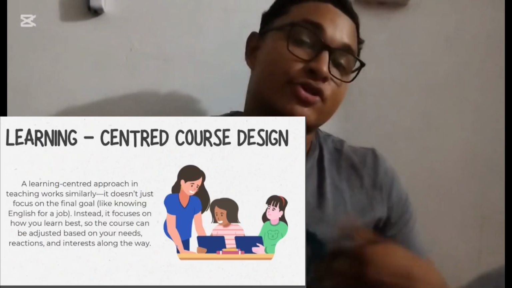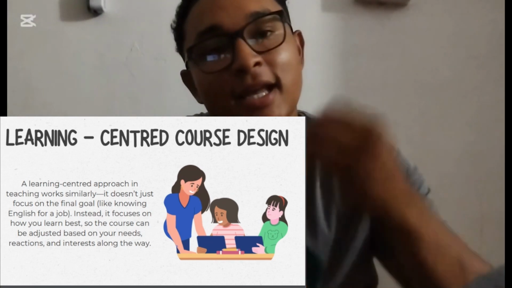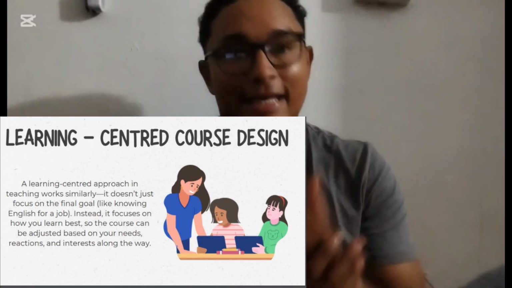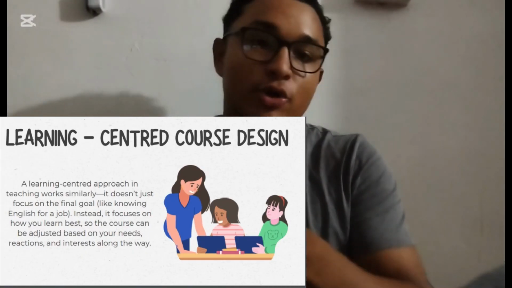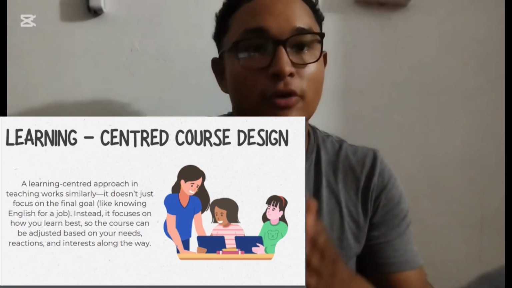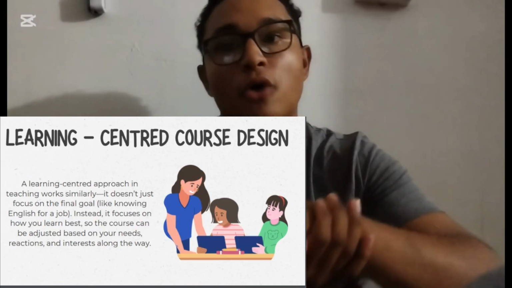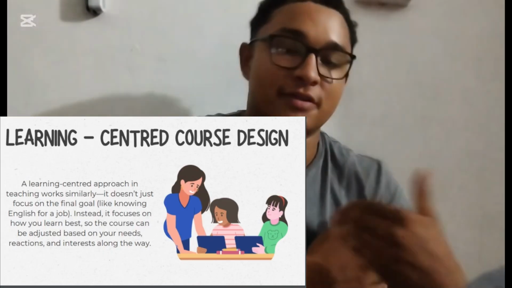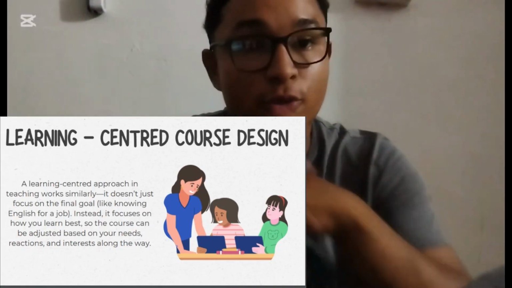Well, summarizing, we have a good definition of what learning-centered course design is, which is not only like knowing English for a job, as you can see there. Instead, it focuses on how to learn best, so the course can be adjusted based on the different situations and needs the students could present during the learning process.